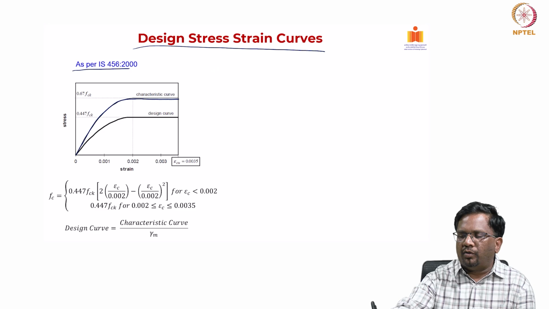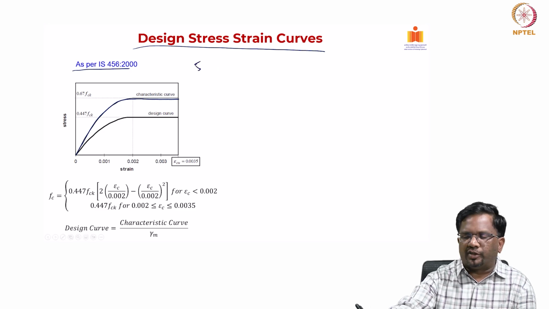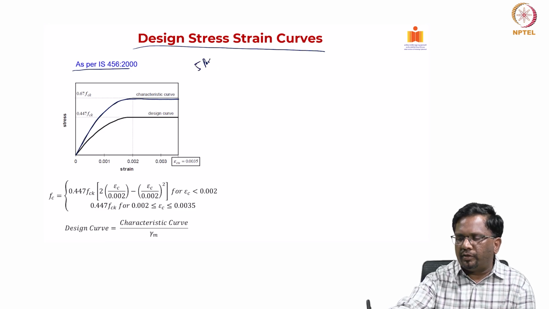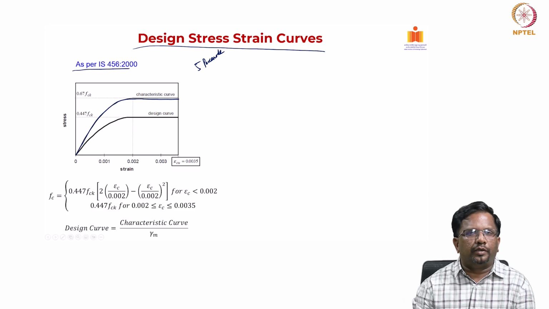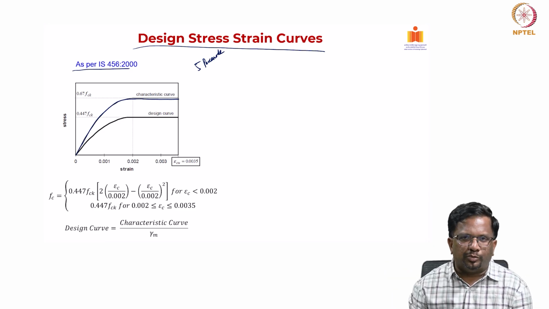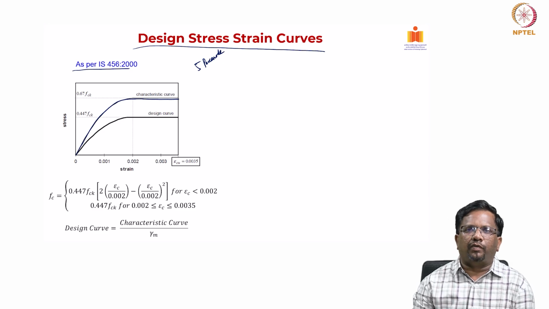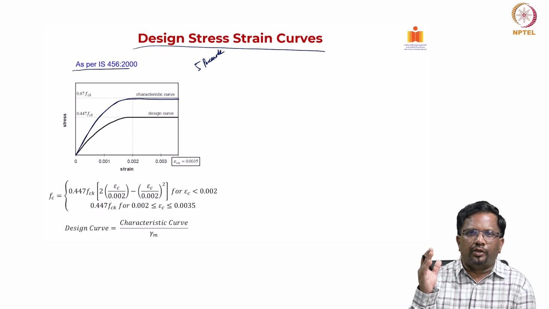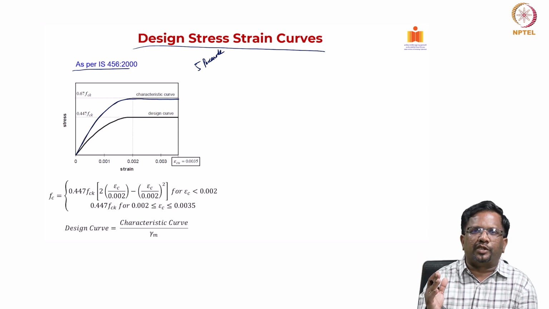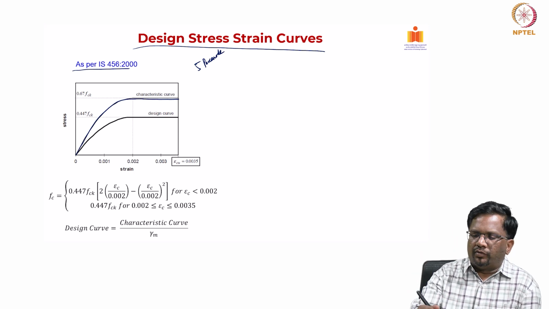That means only 5% of the samples are expected to fail, right. So, we defined the characteristic strength from the normal distribution, from the frequency distribution of the sample strength. Then we defined what fck is. We choose a value so that only 5% of the samples will be less than that particular value, right. So, that is your fck.